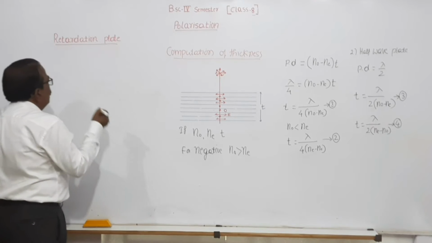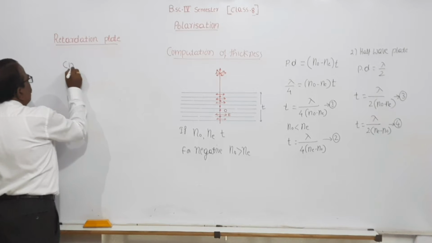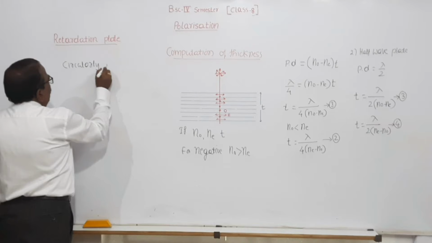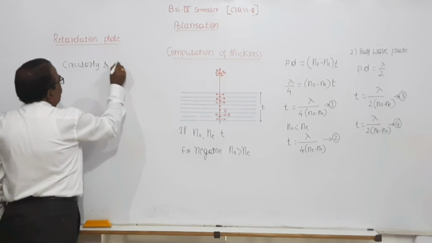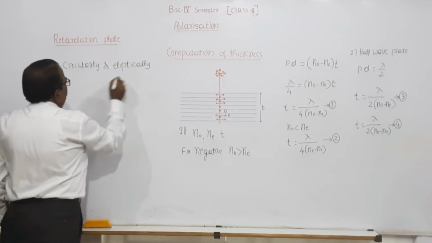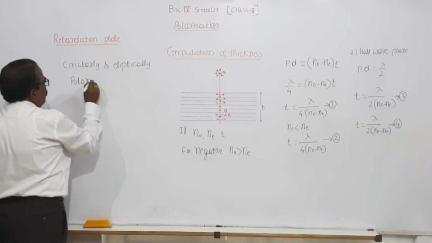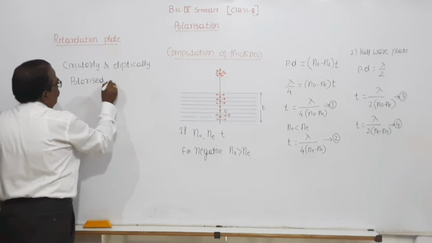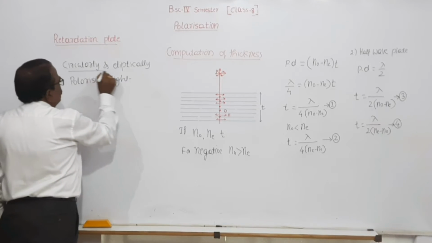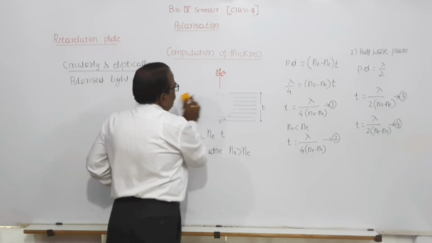Then we should know what is circularly and elliptically polarized light. What is circularly polarized light and what is elliptically polarized light?